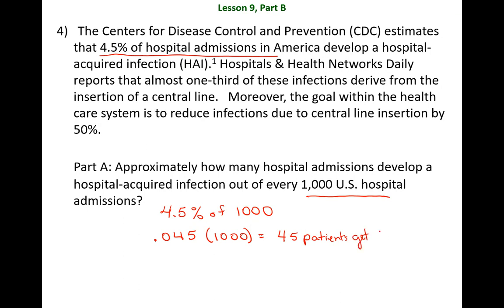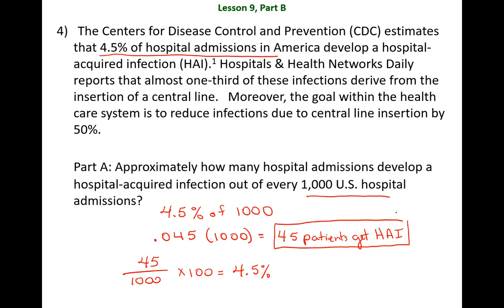So 45 patients get that hospital-acquired infection. And you can double check that. 45 out of 1,000 is going to be 4.5%. So 4.5 patients out of every 100 patients.